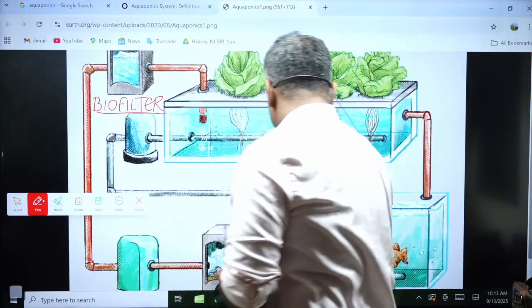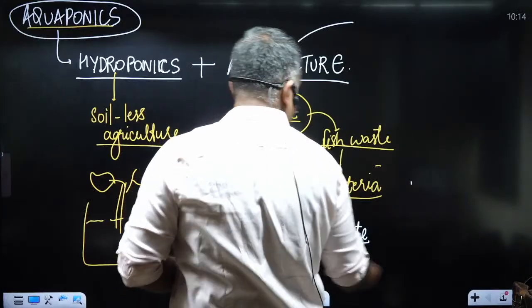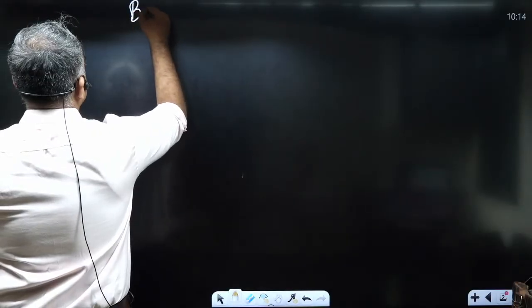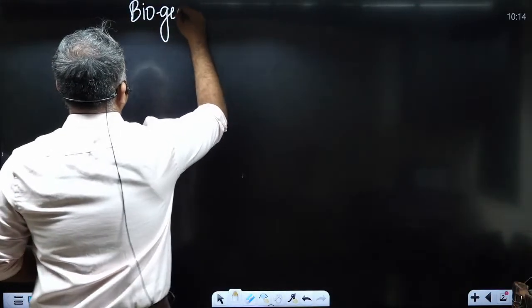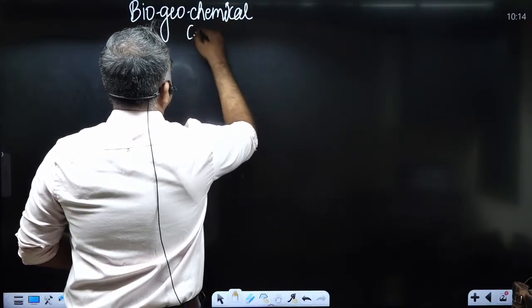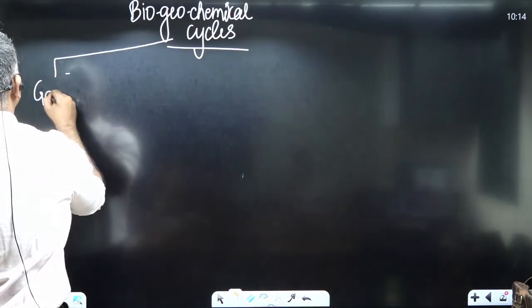Now let's move to the next range. We have had a look at the gaseous cycles.